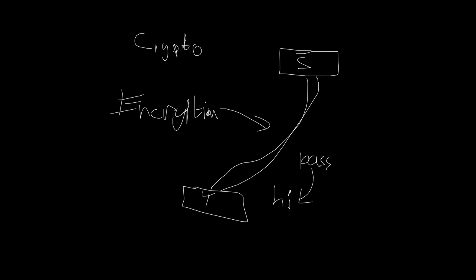This hi text turns into a bunch of random nonsense. And to decode that random nonsense, the only way to figure out the original text is to know the password. And so then you can put the password and get the original text, right?